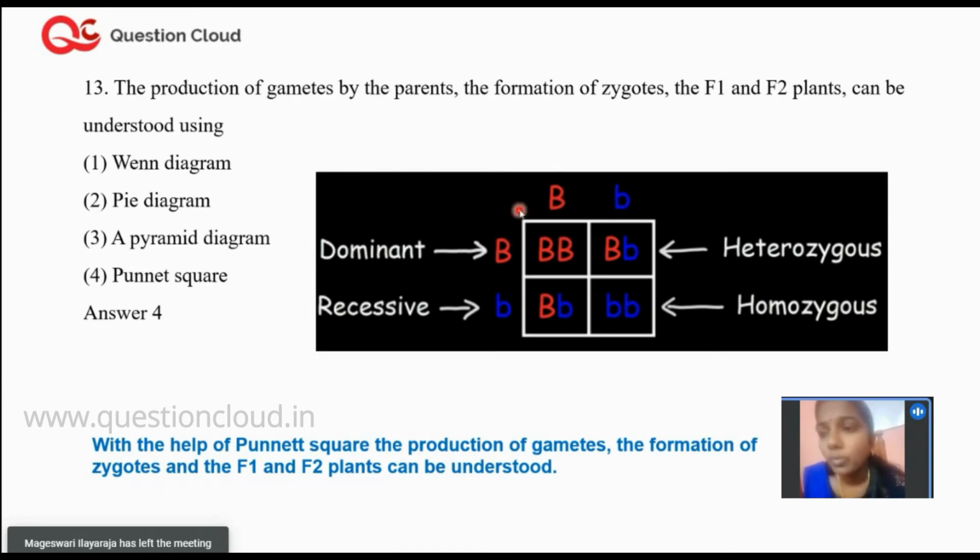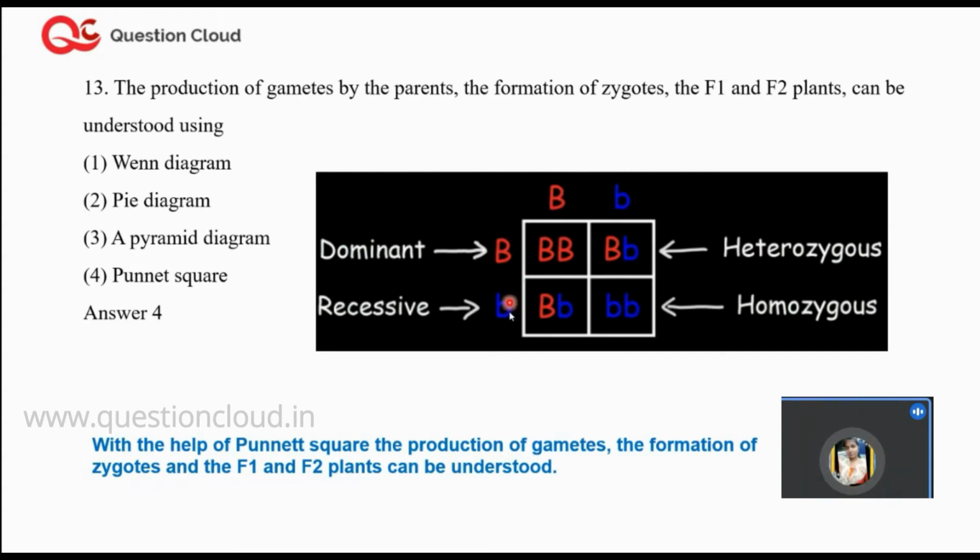Usually it's a 4 square box, where on the left side you have parent 1, and on top you have parent 2. Because we are all undergoing sexual reproduction, we require 2 parents, right? When these parents undergo reproduction, they produce offspring. Genetics is more or less a probability based subject.